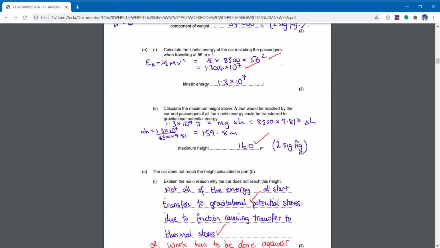And we can then put the values in for m and g, and then we can find delta h. So it's 1.3 times 10 to the 7 divided by 8,300 times 9.81 in brackets equals 159.8 meters, or 160 meters to 2 sig fig.